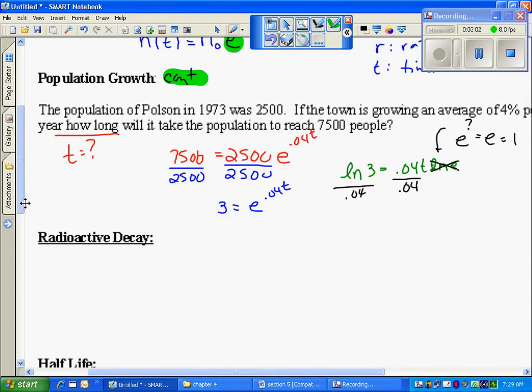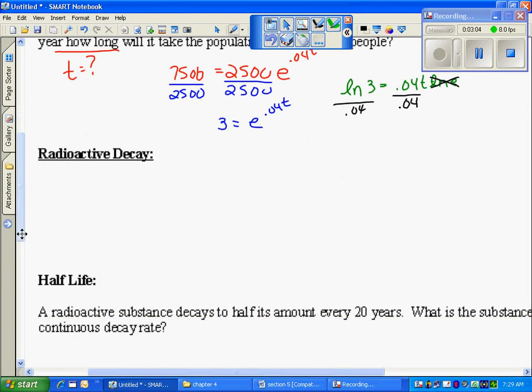Radioactive decay. Well, if it's going to be decay, we have to realize something about the rate to make it decay. So when you have decay, that factor has to be less than 1. We had a couple ways of writing a factor less than 1, or the factor in this case is less than 1 as well because of that negative.